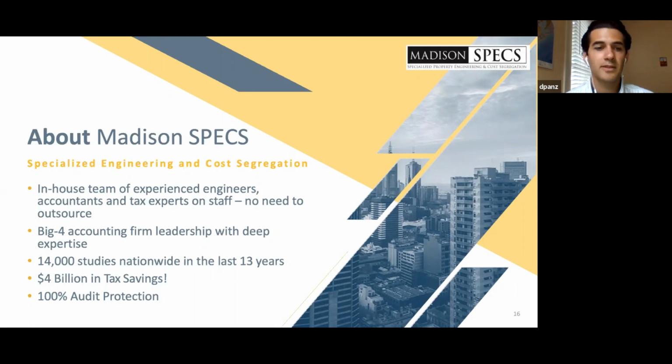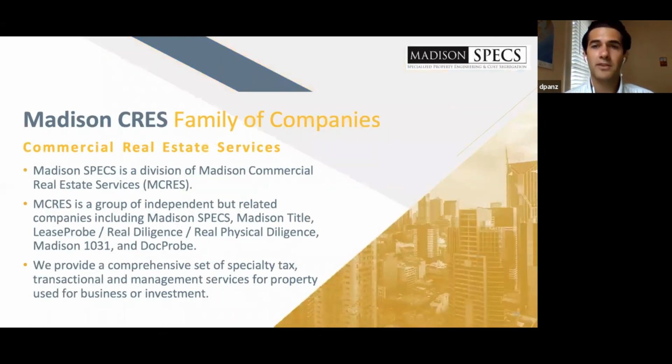Next slide. So Madison Specs is a part of Madison Commercial. It's this full suite of commercial real estate services. The company is headquartered in Lakewood, New Jersey, and we've got offices in Dallas, Houston, Cleveland, and we've got some guys in Israel as well. And we do title. Title is really the bread and butter of the corporate guys. And then we also do Lease Probe, real estate due diligence. Those guys do CAM auditing, lease abstracting, and physical and financial due diligence.